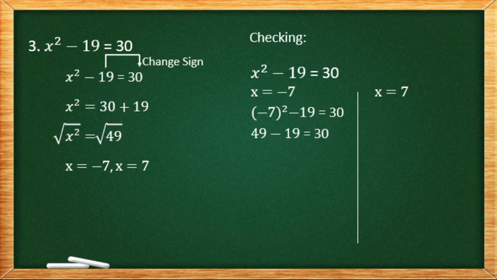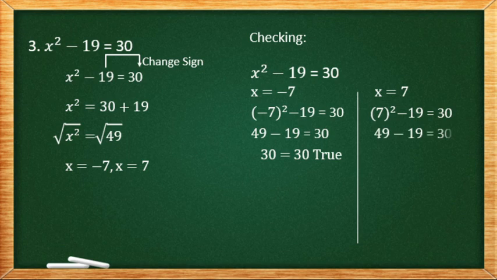So, therefore, 49 minus 19 is equal to 30. So, therefore, 30 is equal to 30. Same lang yung sa kabila. Sa sign lang sila nagkakaiba, at laging tatandaan, once you square the number, whether positive or negative, it's always positive.